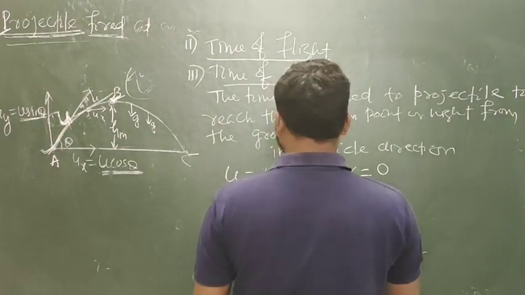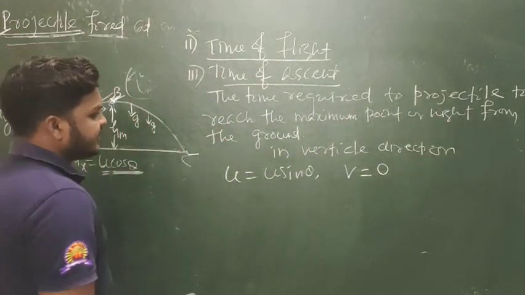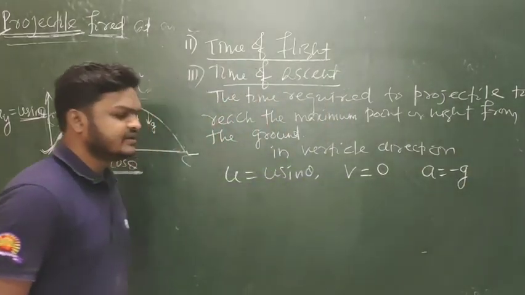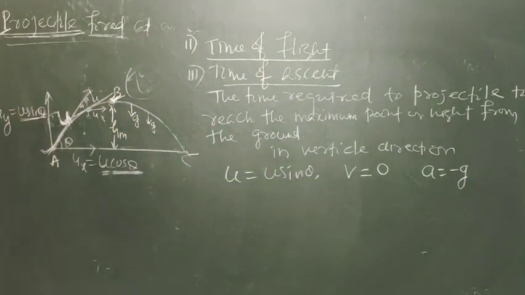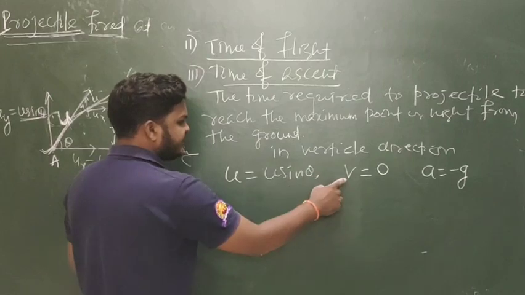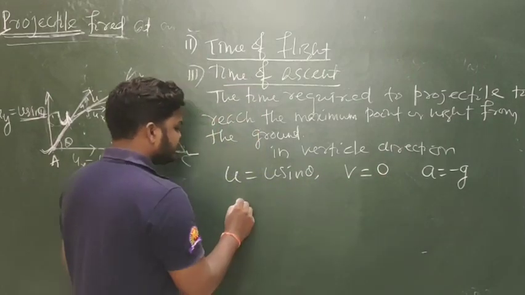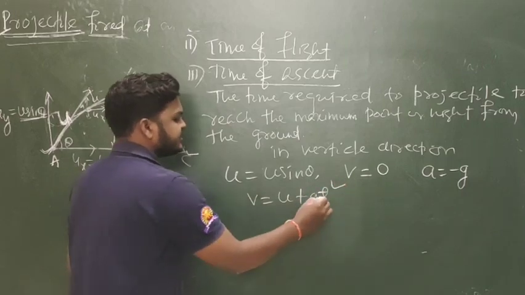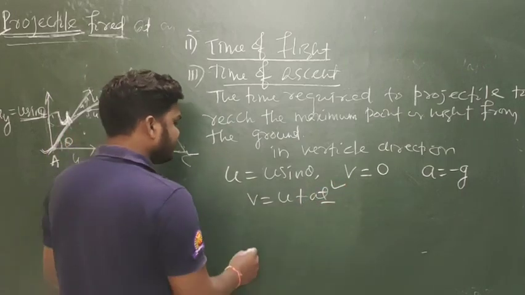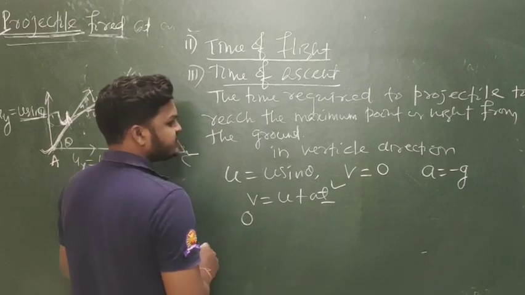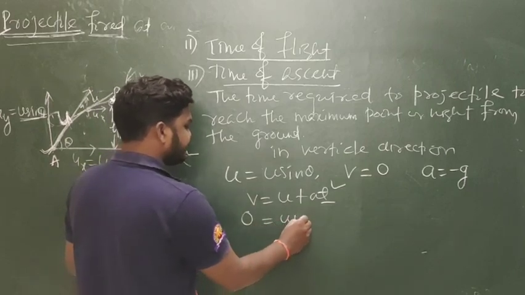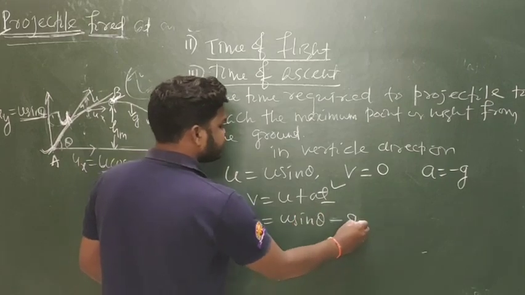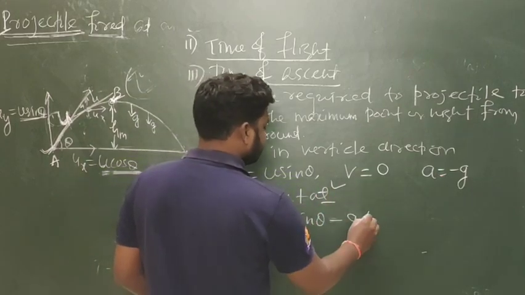Then the acceleration is minus g. So we can use v, u and a. So we use the equation v is equal to u plus at. Then we find time. So instead of v we use 0, u is u sin theta, and instead of acceleration we use minus g, into time.